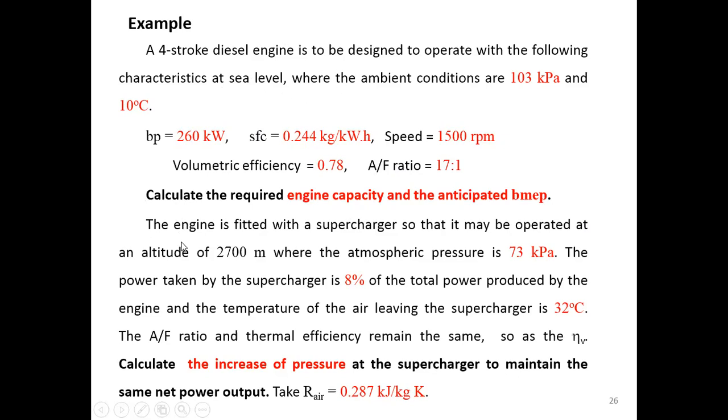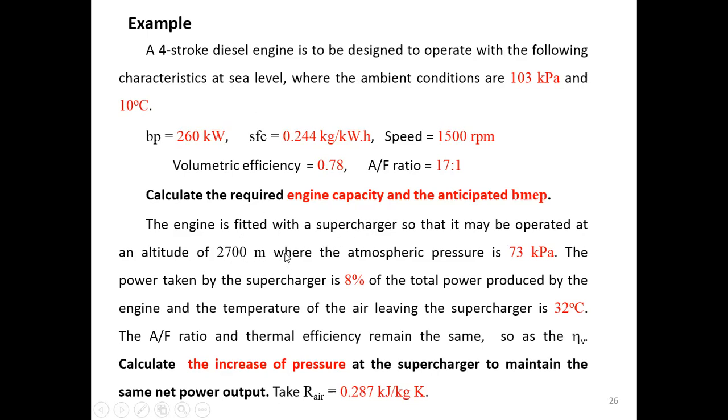Now this engine is equipped with a supercharger. For an ordinary engine, it now becomes a supercharged engine, so that this engine may be operated at an altitude of 2,700 meters higher than sea level.